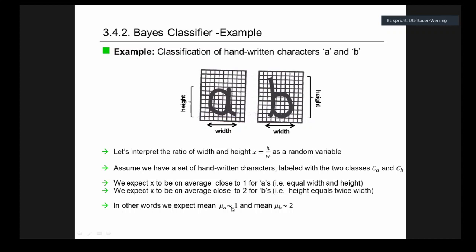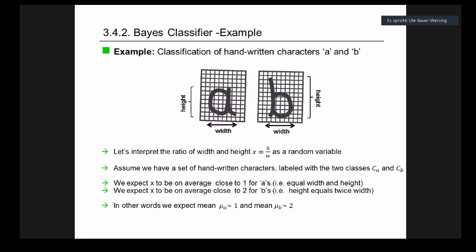All right. So in other words, what we expect is that the distribution of the class A has a mean value of roughly 1, and the distribution of the random variable x for B's has a mean of roughly 2.